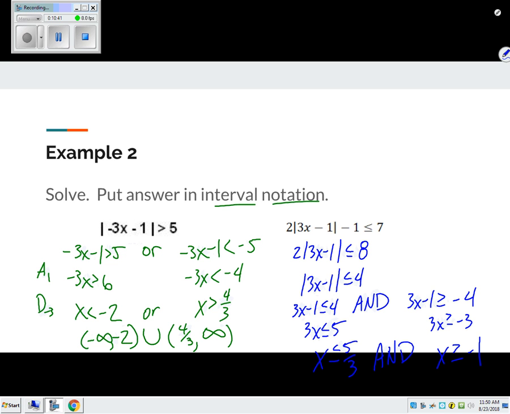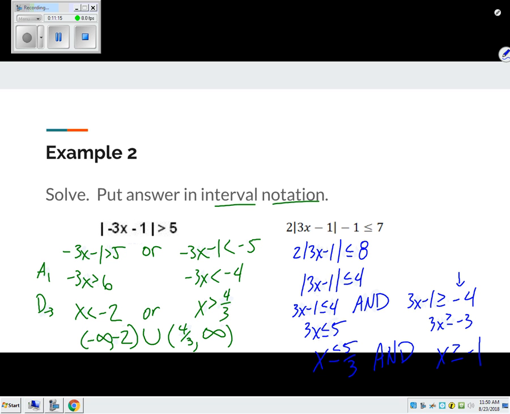Had to use my eraser a little bit on that one. I forgot to plug in this negative when I was working that out, so make sure you're not making that same mistake. Now I worked it all the way down to interval notation. Hopefully you got x is less than or equal to 5/3 and x is greater than or equal to negative 1. Well, I don't need any infinities when I'm dealing with and problems, okay? I'm wanting something that meets the criteria of being less than or equal to 5/3 and greater than or equal to negative 1.